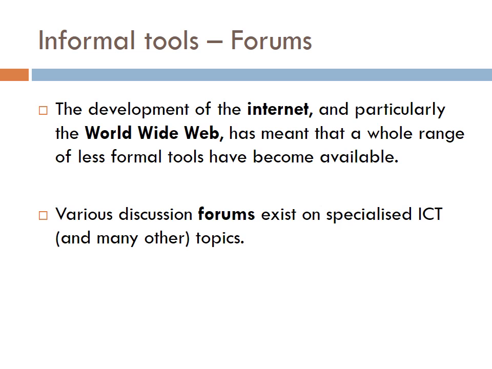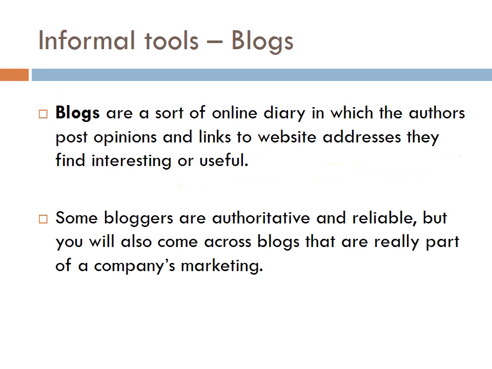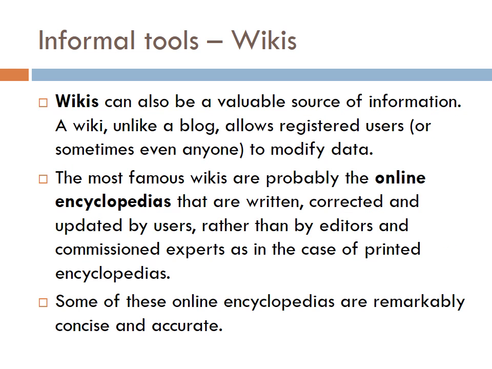What are the informal tools? We have various discussion forums that exist on specialized ICT topics, so this could be considered one of the informal tools. Look, for example, at the following forums as informal tools in the domain of ICT. Other informal tools are blogs. Blogs are a sort of online diary in which the authors post opinions and links to website addresses that they find interesting or useful. The third type of informal tool is wikis.